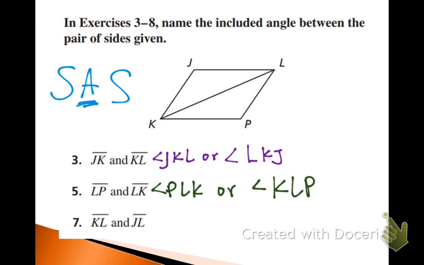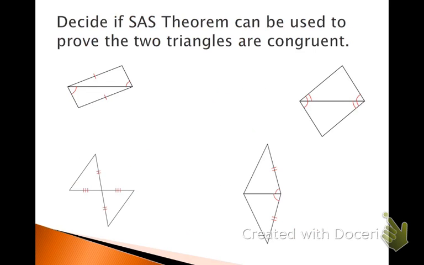And then the last, what does it say? KL and JL. Yep. Angle JLK, or we could say KLJ. That's it. We good? Because apparently they don't remember how to name angles. It's fine. It's not. But it's fine.